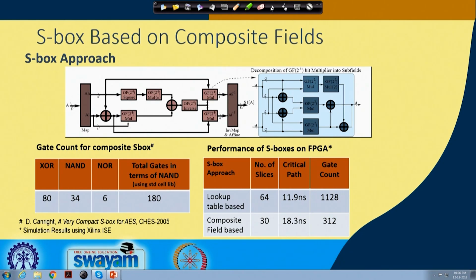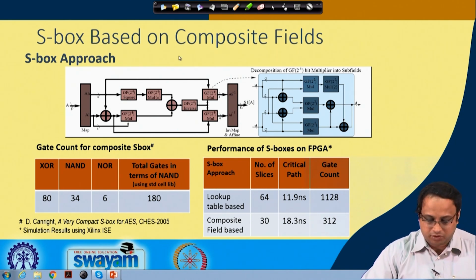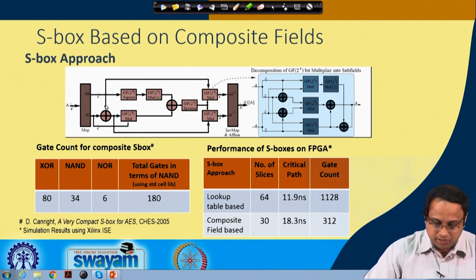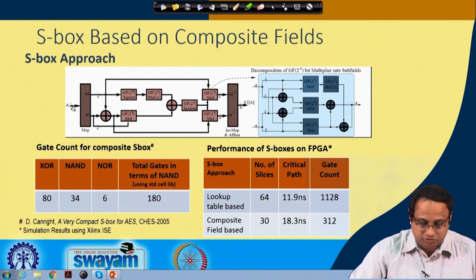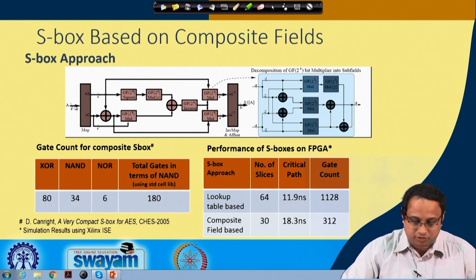You can see that we would like to do this inverse calculation now in GF 2 to the power of 4 square, and if you observe, this is an input A which is in GF 2 to the power of 8, we do a map and then get the result in GF 2 to the power of 4 square. So this higher part, or AH as written over here, is nothing but your gamma 1, and this is your gamma 0.